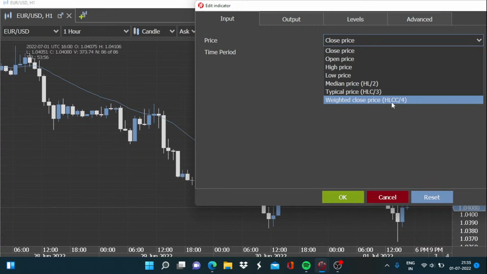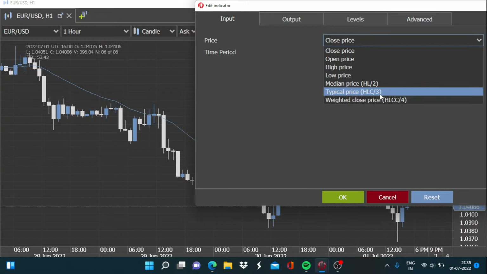So here you can see the closing price was included twice, and so correspondingly we added the 2 as the dividing factor to the 2 of high and low, so we got 4. Otherwise, you can see when the closing price was taken once, we divided it by 3. Now here, more weight was given to the closing price, and then we divided it by 4. So that's how the weighted price is calculated. That's how this indicator formation works.